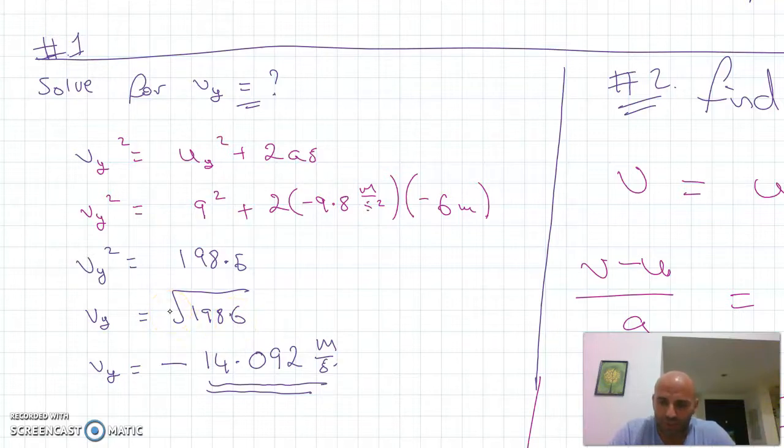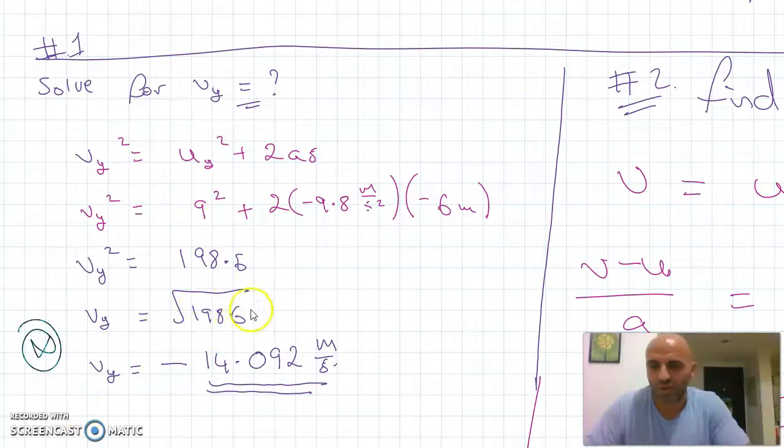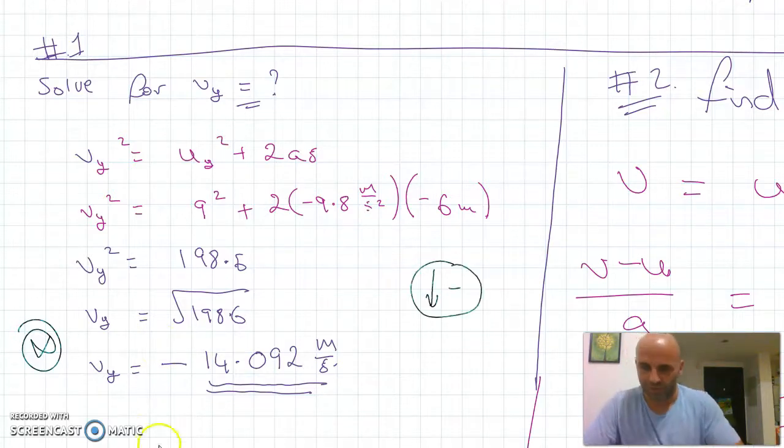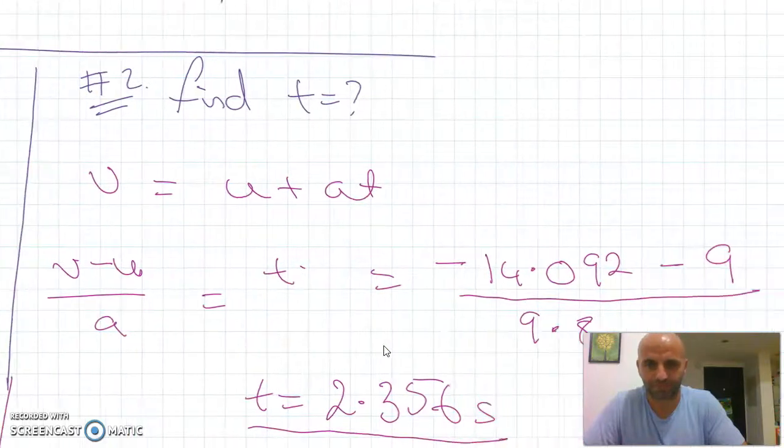You must remember, and again I'll put a little asterisk around this, that your calculator is going to give you a positive number, but because this velocity has to be going down, it is negative. Okay, so just based on your frame of reference. Again, we've done that in the previous one, so I'm not going to overlabor it.